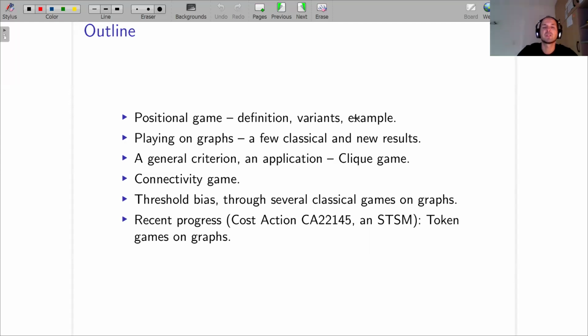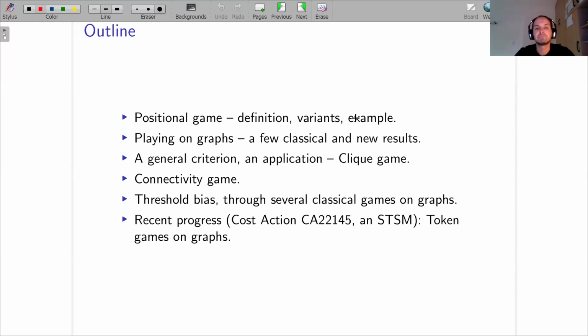First, we'll introduce a general criterion, probably the most important theorem in the whole theory of positional games. If there is one result that one should know, it is this general criterion called the Erdős-Selfridge criterion. Then we will apply it immediately to the clique game. And then we'll talk again about the connectivity game, which is historically the first positional game on graphs studied.